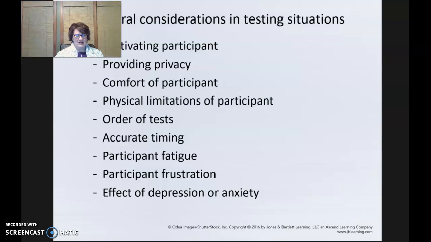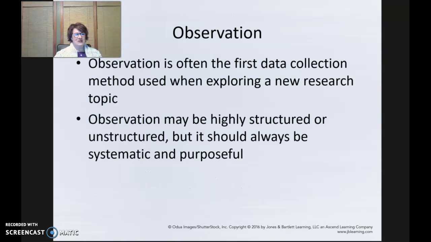As we're moving on, we're going to look at observation. What is the data collection? Usually the first data collection is really just looking at things, and observations may be really structured, or may be unstructured, but always be very systematic and very purposeful as you're observing what occurs.